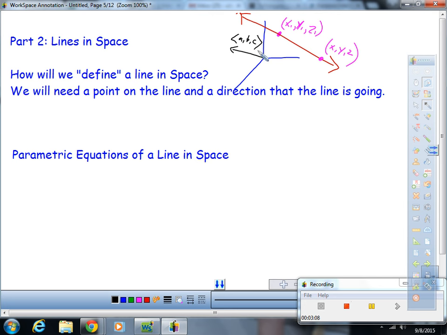Well, we would know that line, let's call this point P and Q. Okay, line PQ would be parallel to this vector.